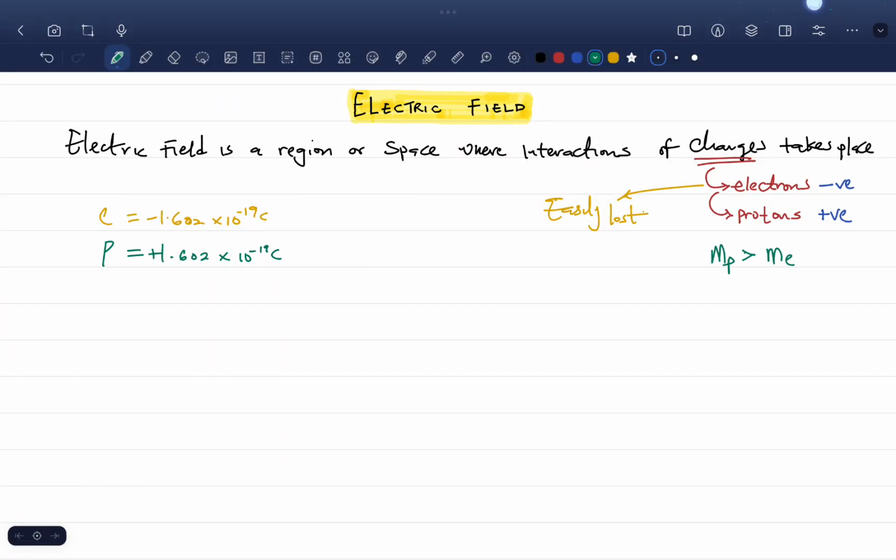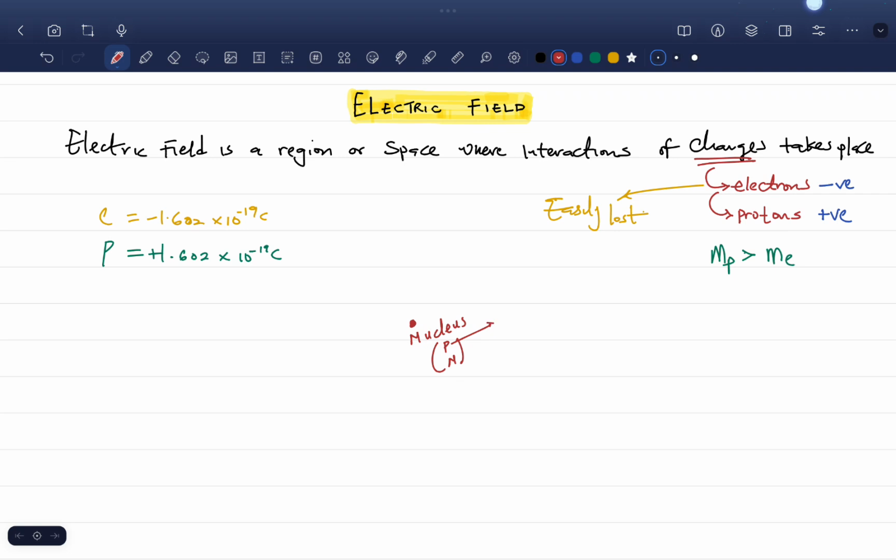And when we are talking about the protons and the electrons, the first concept that will come to my head straight away will be the atomic structure. And of course, in the nucleus of the atom, you know that the nucleus comprises the proton and the neutron.